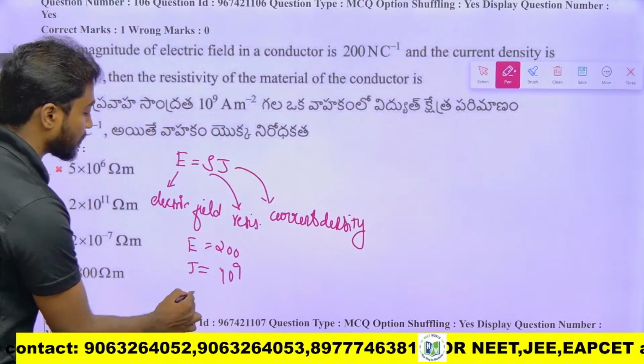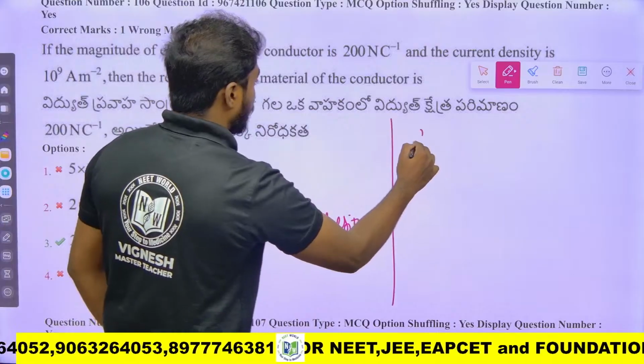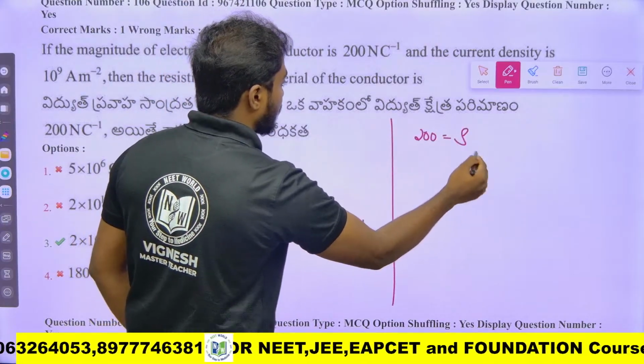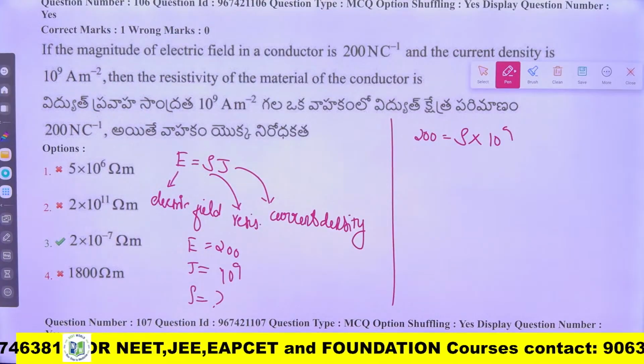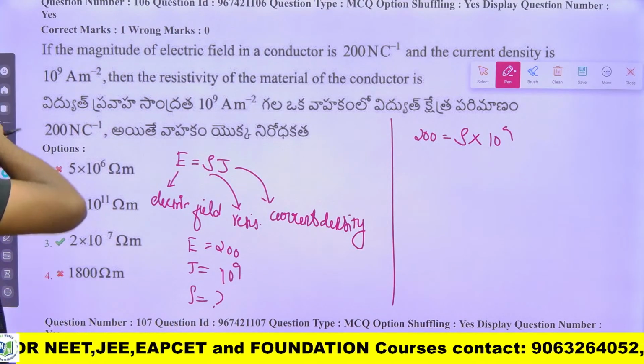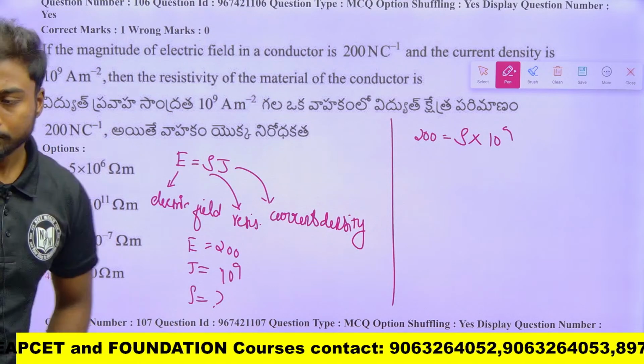I need to find the resistivity. So, easy calculation only, no. So, 200 is equals to resistivity into 10 power 9, right, 10 power 9. You can calculate the resistivity, easy, no. Yes.